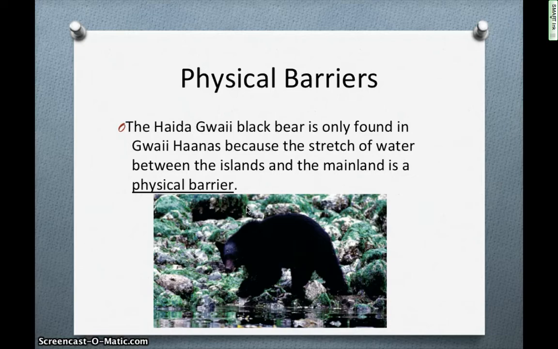So it can only stay at its actual location and can't get between the different islands because of that water that's separating the locations. So even though the bear can swim a little bit, it's too far that it's actually not going to go to a new island.